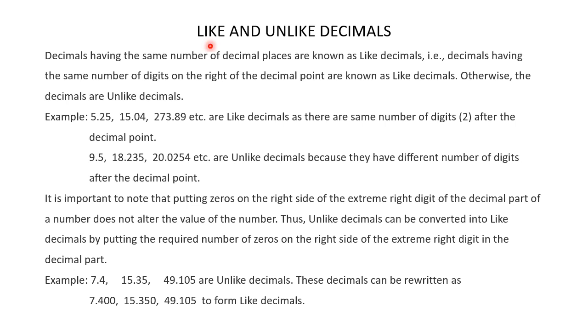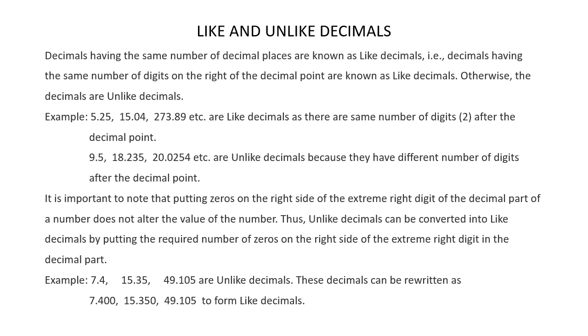Now let's learn about like and unlike decimals. Decimals having the same number of decimal places are known as like decimals. That is, decimals having the same number of digits on the right side of the decimal point are known as like decimals. Otherwise, the decimals are unlike decimals.